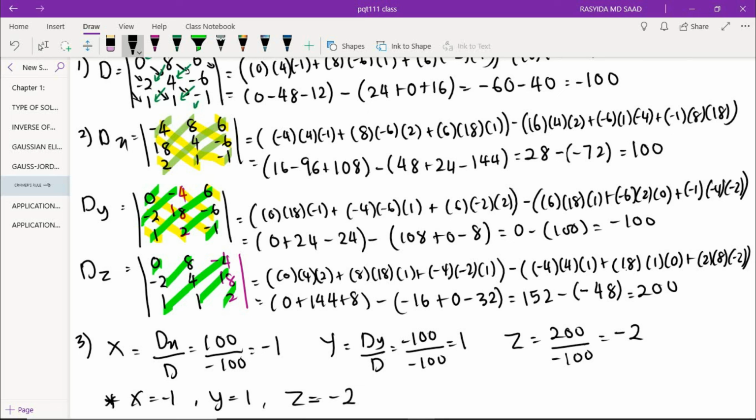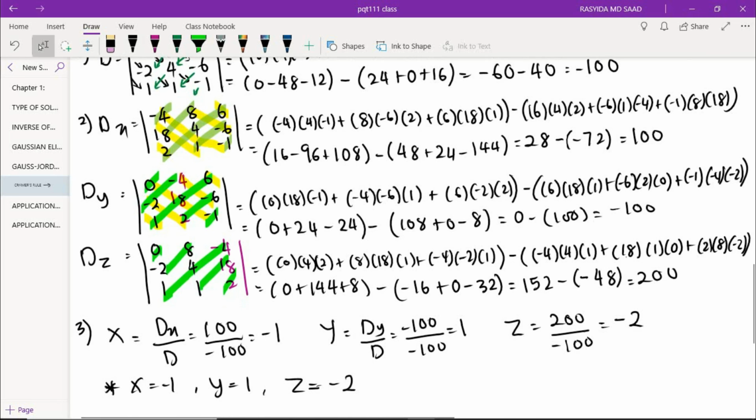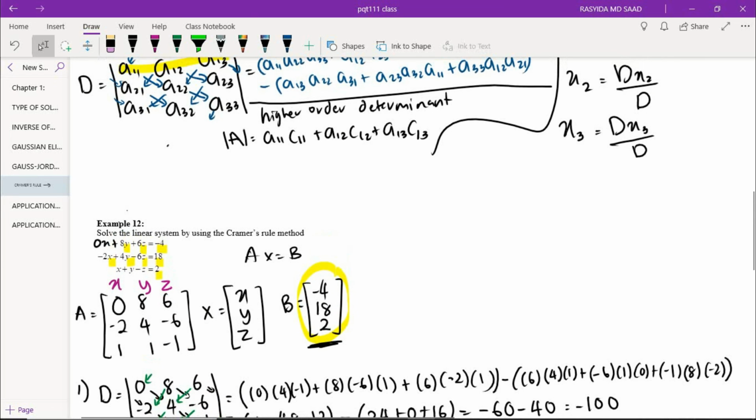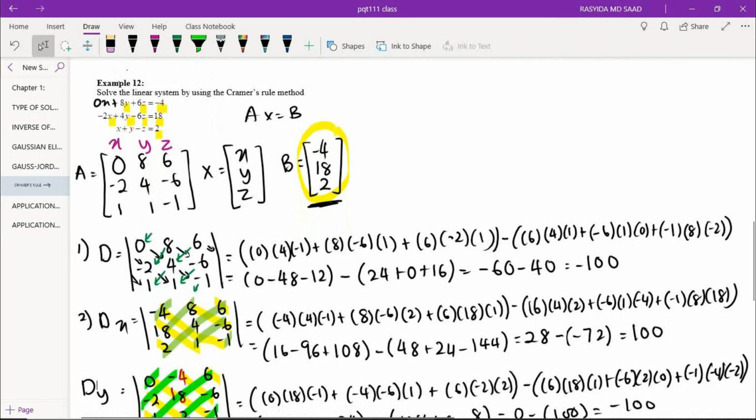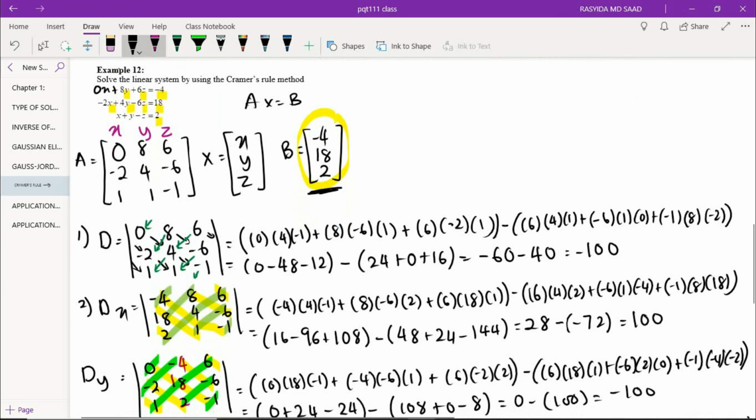And we finish. Oh, remember, if you want to check if your answer is correct or not, you can just substitute inside the formula, which is exactly the same linear system. So do always try to check your answer if it's correct or not.